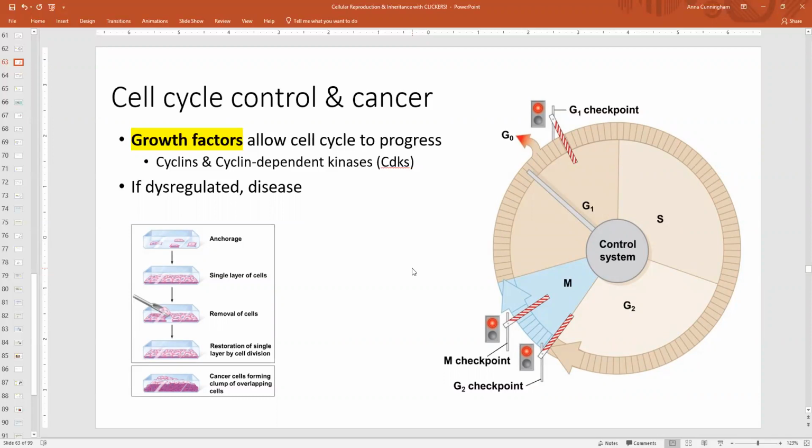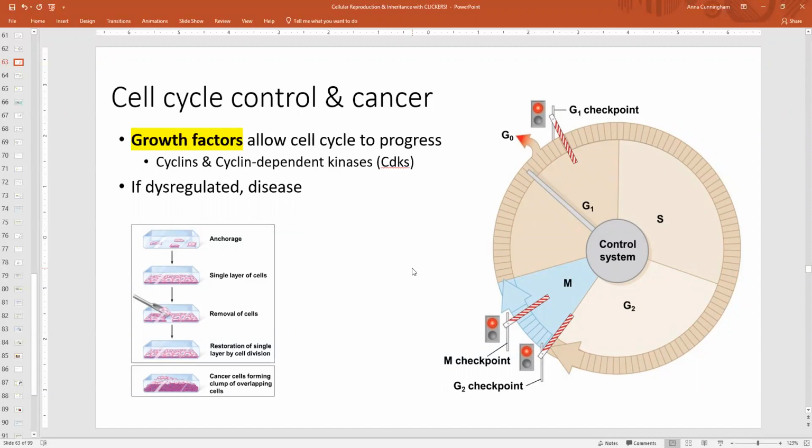Obviously, you can imagine that when a sperm and an egg come together and form a zygote, that zygote has to grow and divide into an organism. We have to go from one cell to lots of cells, like what we are right now as organisms.